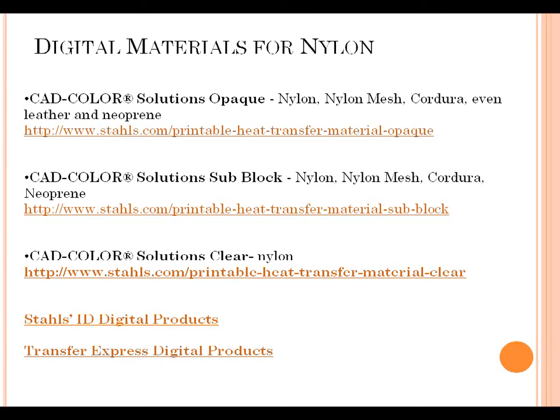And then Sublock, you would opt for when you're using a highly sublimated nylon or nylon mesh. That would typically be your red porthole mesh football jerseys. Anything that is going to be full color where you fear you may have some dye migration, that's when you want to use Sublock because of its dye migration blocking properties.